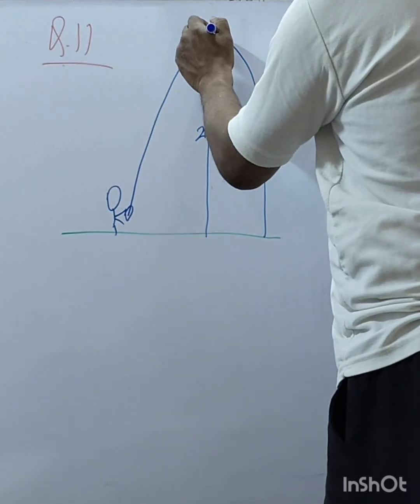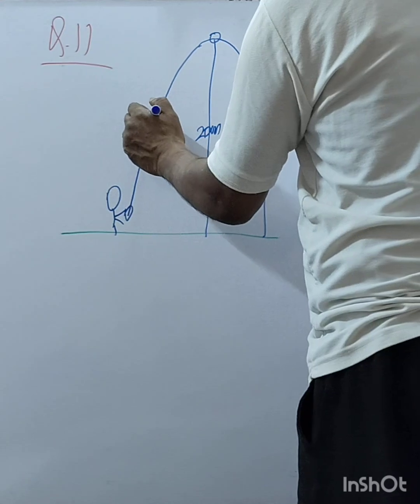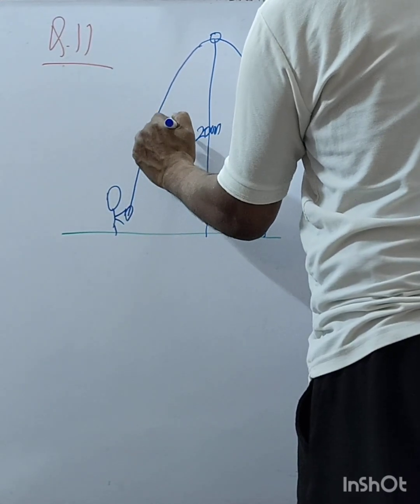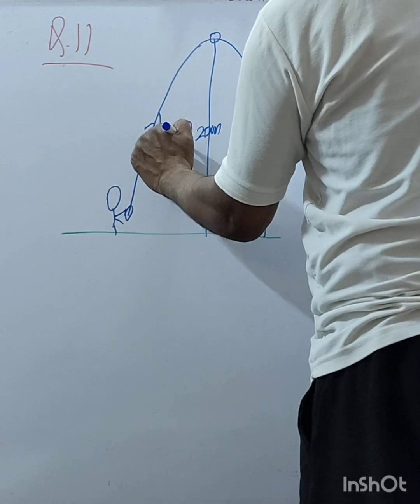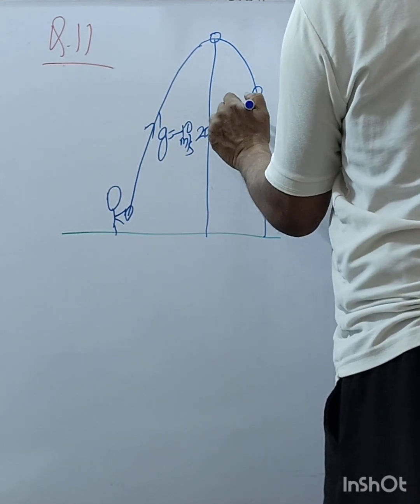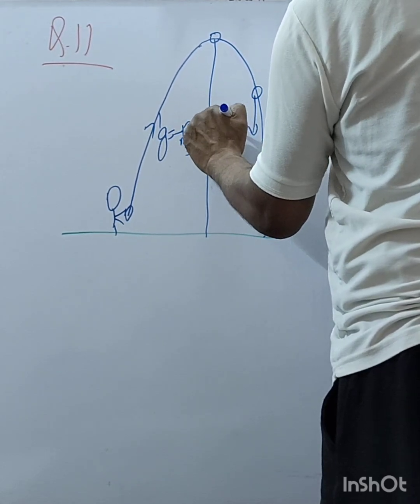Taking acceleration due to gravity g to be 10 meter per second square. While going up, g is minus 10 meter per second square, and when it is coming down, g is plus 10 meter per second square.